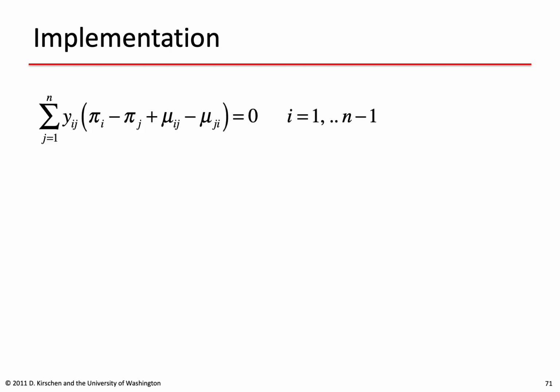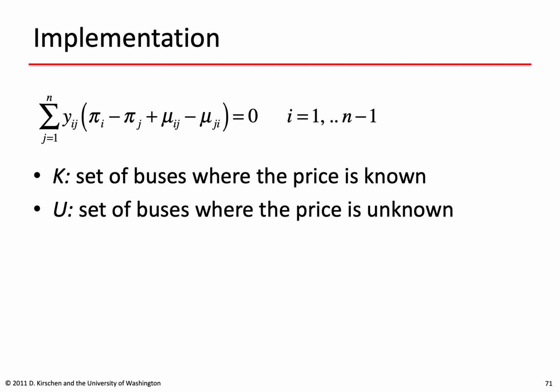This second set of optimality conditions gives us n minus 1 equations that we can use to solve for the n minus m minus 1 unknown nodal prices and the m Lagrange multipliers mu. To solve these equations, we might want to separate the buses into two sets.